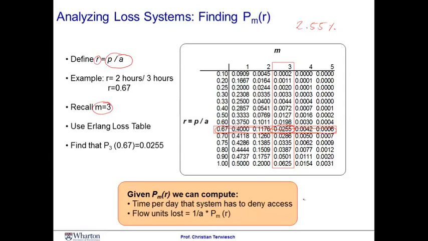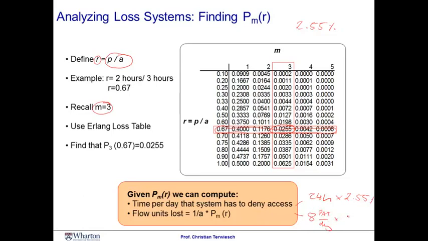If you want to figure out what percentage of the time in the day the hospital is on diversion, just multiply 24 hours, is 2.55%. If you want to figure out how many patients you're going to lose because of diversion, remember that we have a patient arriving every 8 units of time, which is 1 every 3 hours, so 8 patients per day.